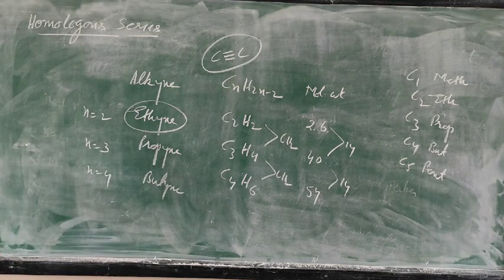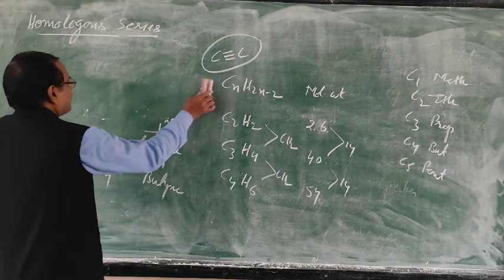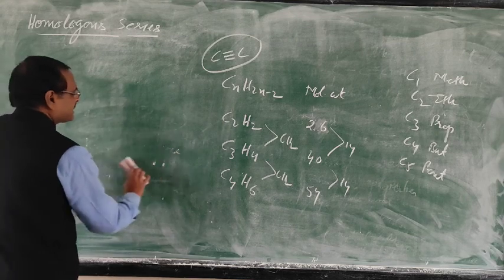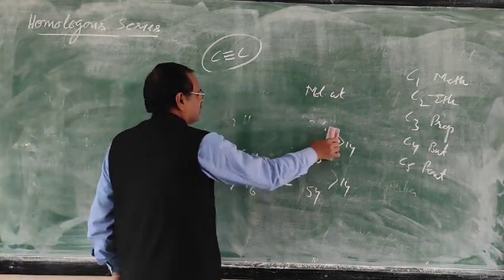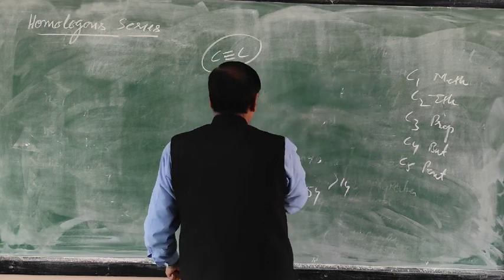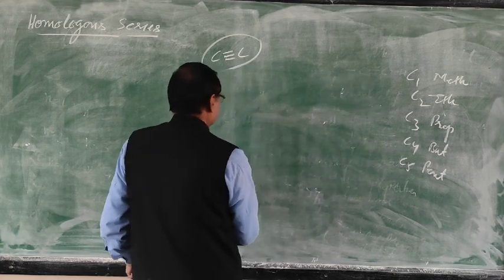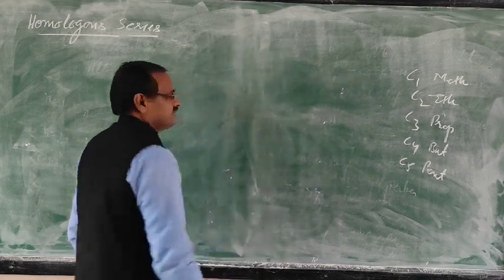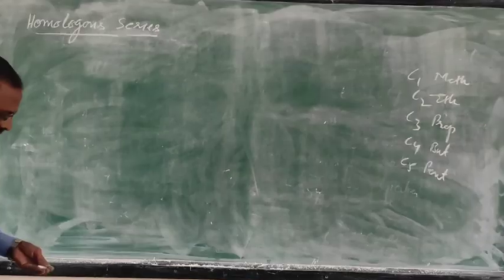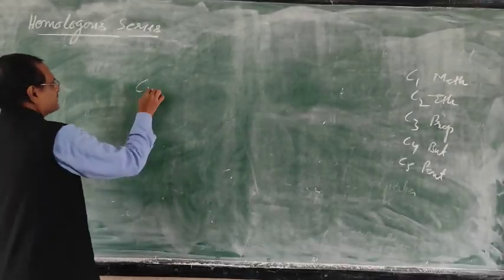Now the last one, the alcohol homologous series. You can make the homologous series of alcohol also. So the alcohol general formula is CnH2n plus 1 OH.